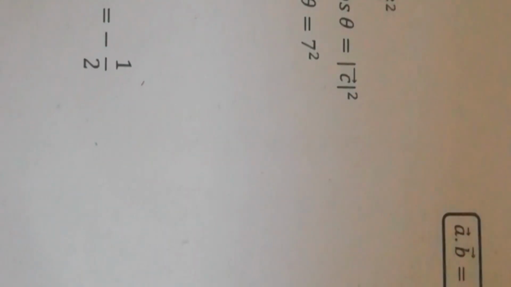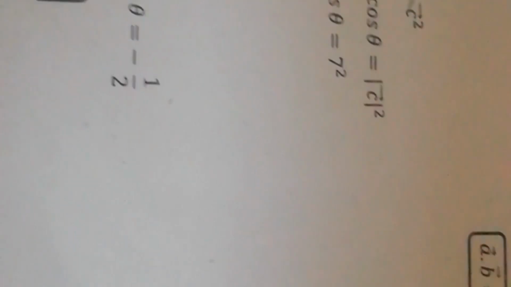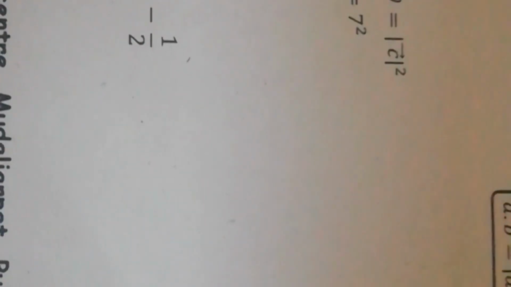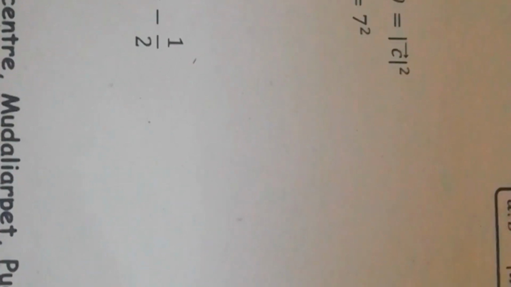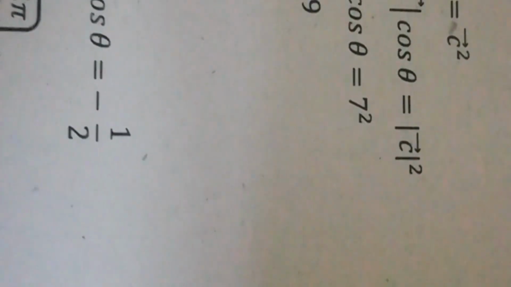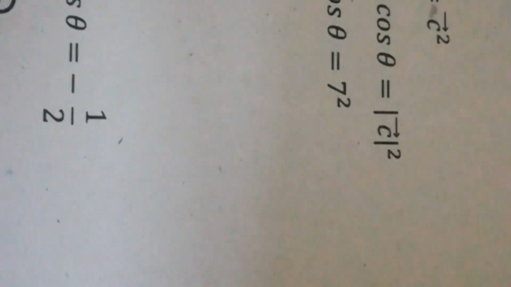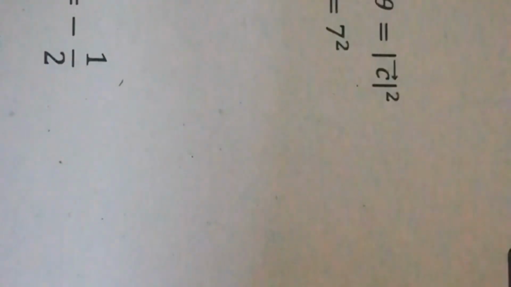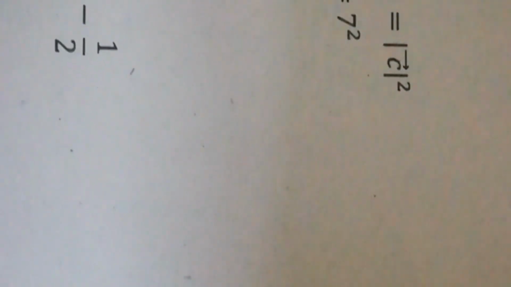See, it's the (a plus b) whole square formula. So it's A vector square plus 2 square, 4, B vector square, plus 2 A dot 2B, equals C square. A vector square means modulus of A square, and B vector square means modulus of B square.